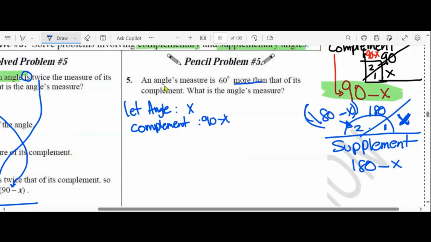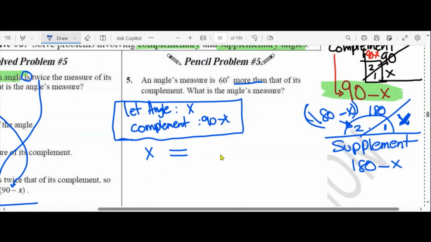Now, you forget about this. So the angle measure is 60 more than its complement. What's the complement? 90 minus x.